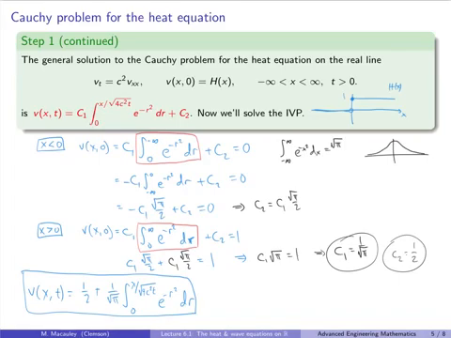So in statistics, there's a function called the error function, or ERF for short, which is 1 over root pi times the integral from negative x to positive x of e to the negative t squared dt.